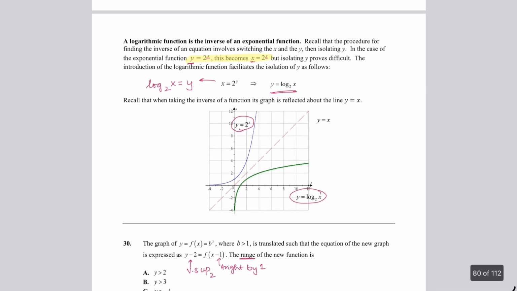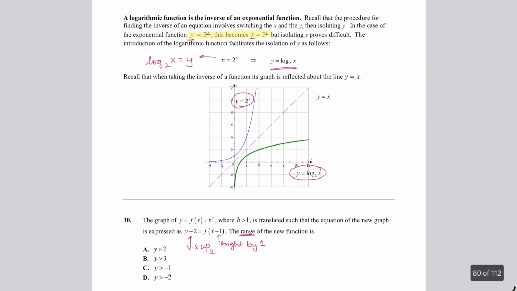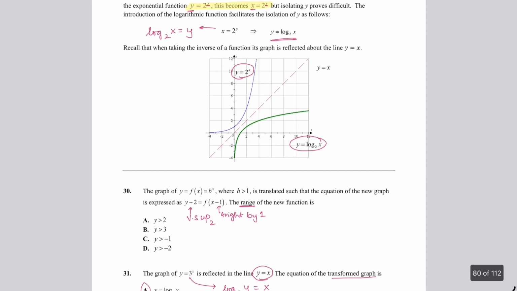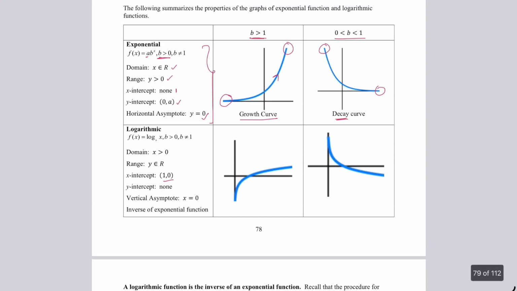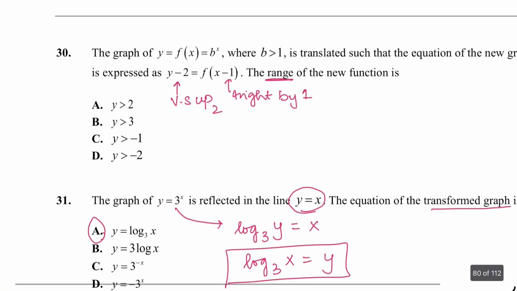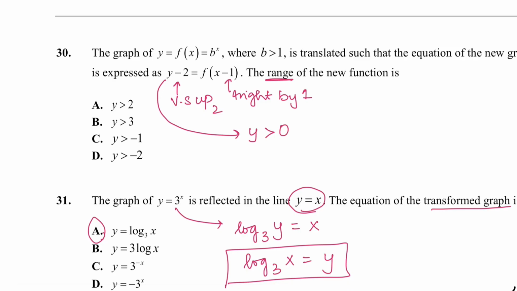And in exponents, your range is y is greater than 0, right? So in this case, because it's an exponent, our y is up by 2. So we'll have to write it as y minus 2 greater than 0, add 2 on both sides, and we get y greater than 2, and that's how you figure out your range.